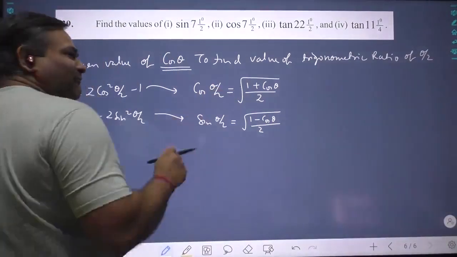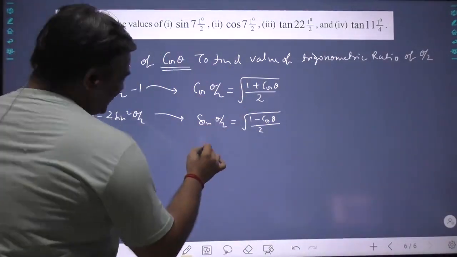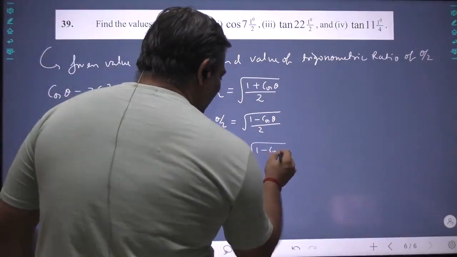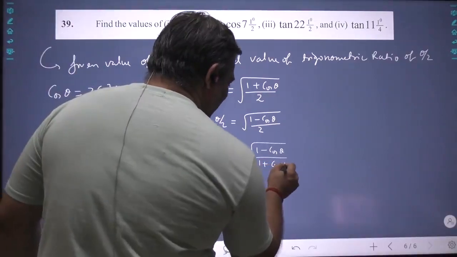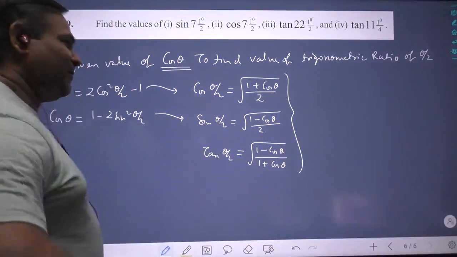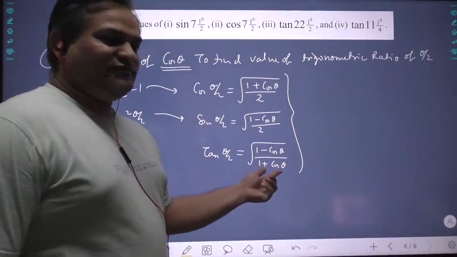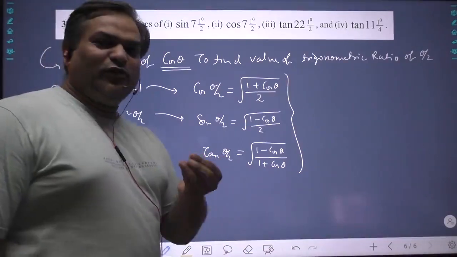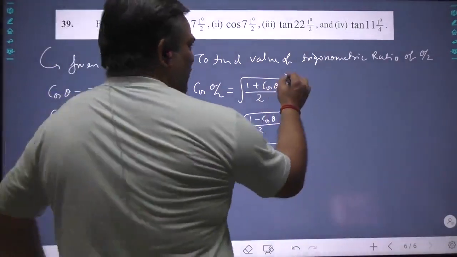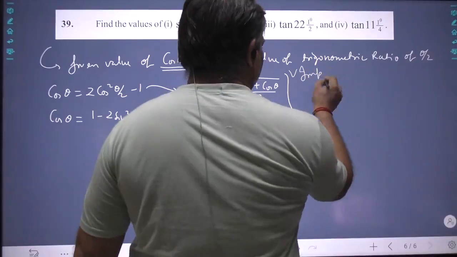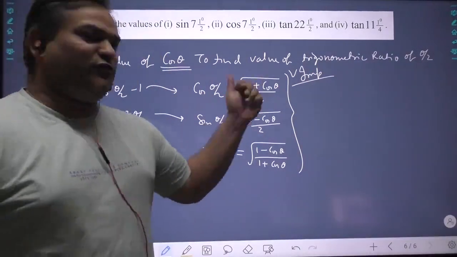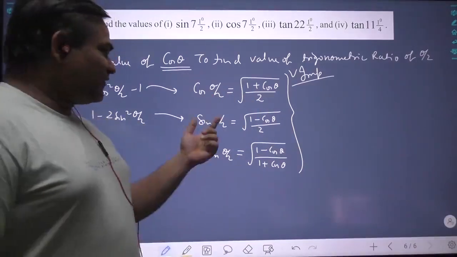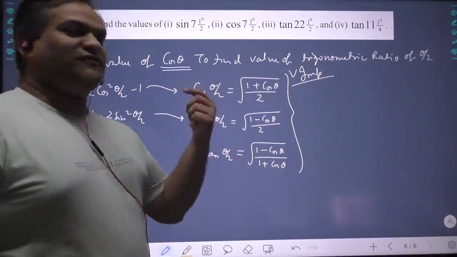If you divide them, you have tan(theta/2) is root of (1 minus cos theta) upon (1 plus cos theta). Very simple. If cos theta is known, then cos(theta/2), sin(theta/2), tan(theta/2) are all known. This is very important and you must remember this.